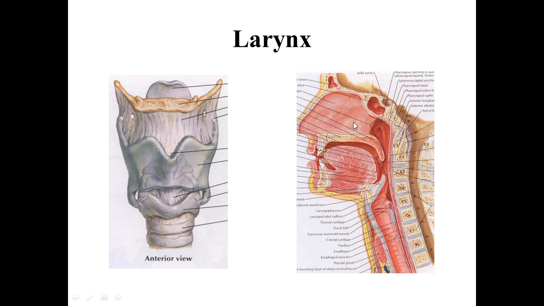Now, before dealing with today's topic, we'll just quickly revise the cartilages and muscles of the larynx. Here in this picture, you can see this is the epiglottis, this is the thyroid cartilage, and this is the cricoid cartilage. So, the larynx extends from the upper border of the epiglottis at the level of third cervical vertebra to the lower border of cricoid cartilage at the level of sixth cervical vertebra.